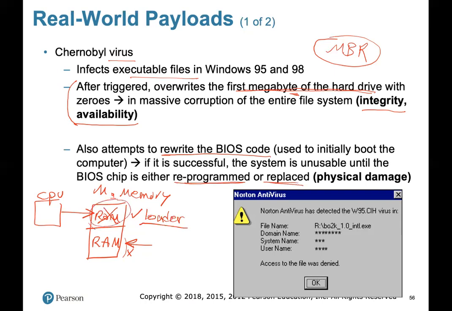If this chip is compromised, you have no option but to remove it and give it to someone for reprogramming or replace it with a new chip. This is something that we call physical damage, which is of course a very severe type of attack.